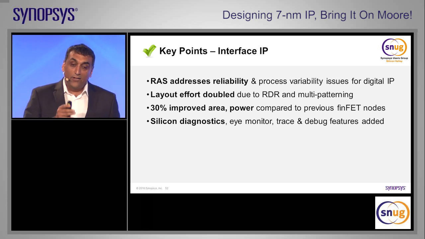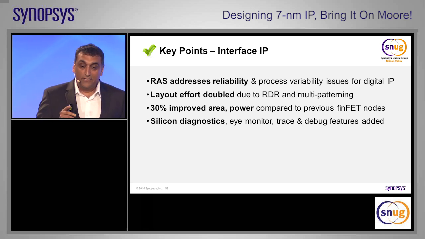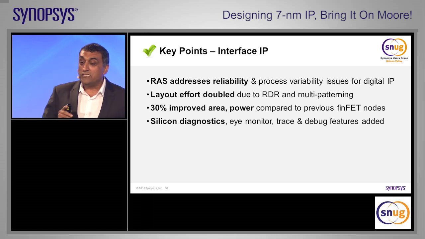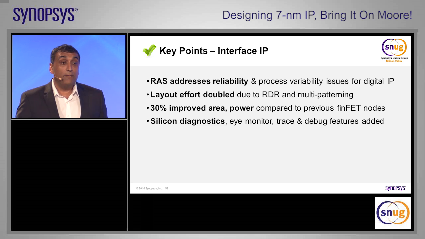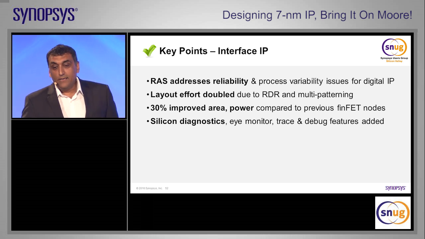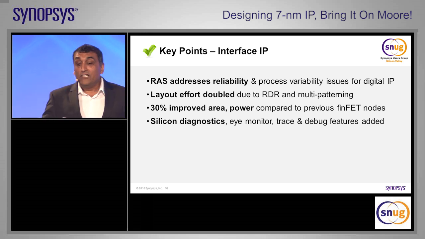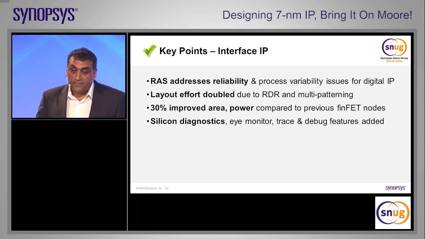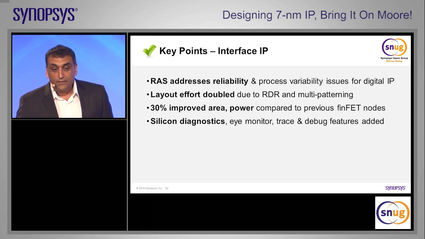RAS: reliability, availability, serviceability. It sorts out all the processability issues in digital IP. The layout effort has increased in these advanced nodes, mostly due to the restrictive design rules and multi-patterning.